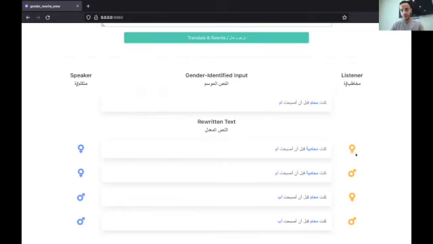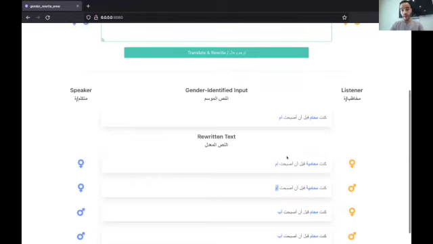So in the case of the female listener and the female speaker, the system recognizes that the word was actually masculine and it should be rewritten to feminine. And in the case of a female listener and a male speaker, the output was كنت محامٍ قبل أن أصبحت أب. So basically, أم was turned into أب.